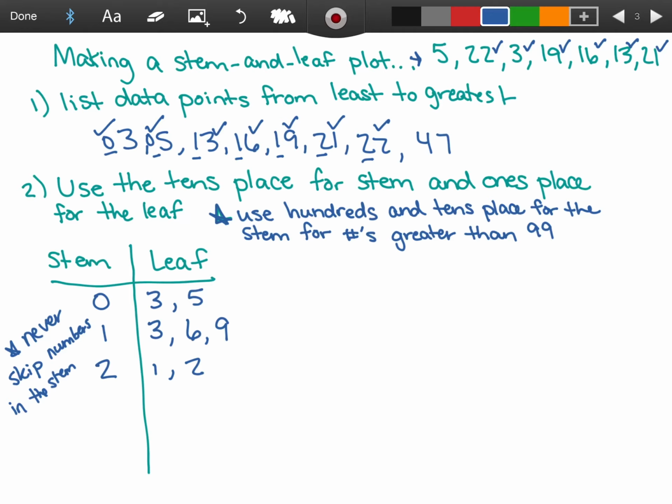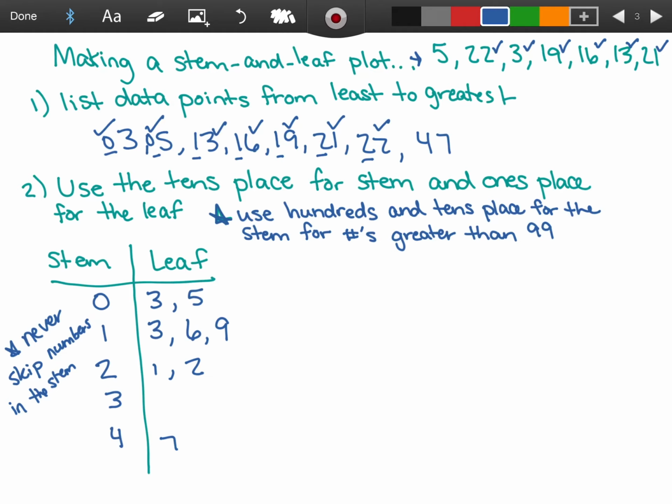We wouldn't go 0, 1, 2, 4 because 4 is in the tens place. We would have to go from 3 to 4. And since there's no numbers with a tens place of 3, so no numbers in their 30s, we would just leave that blank. Okay, then for the stem of 4, we would put 47. 4 is the stem and 7 is the leaf. Okay, that's what I mean when you never skip numbers in the stem.